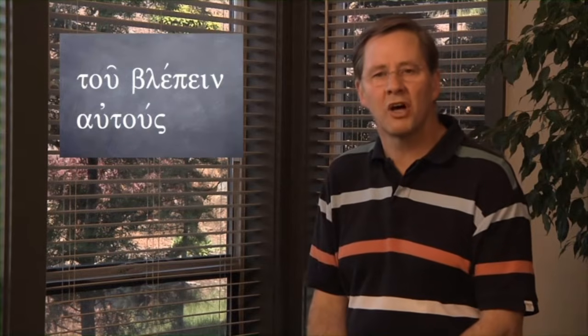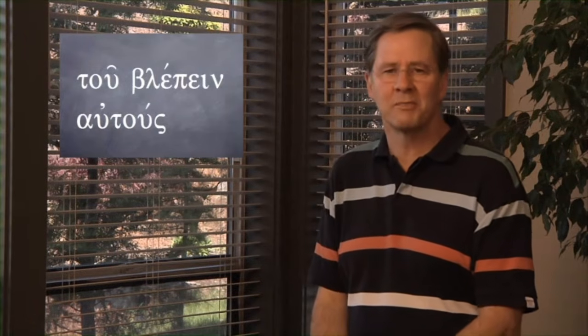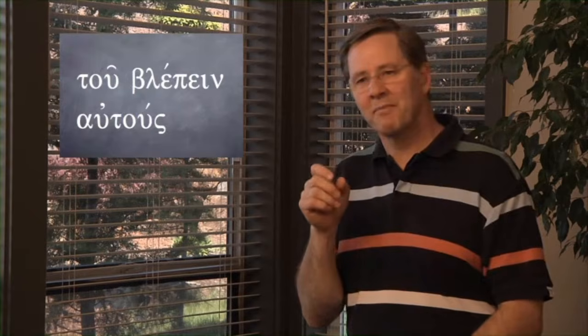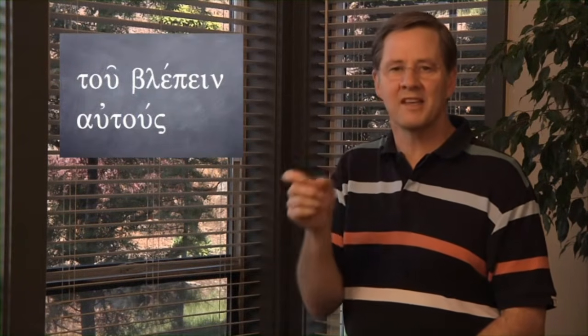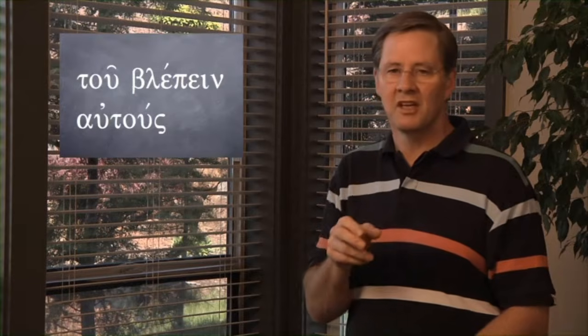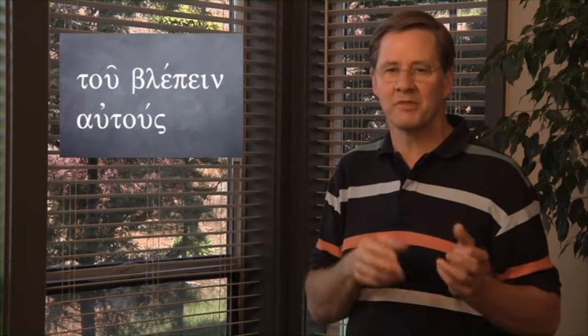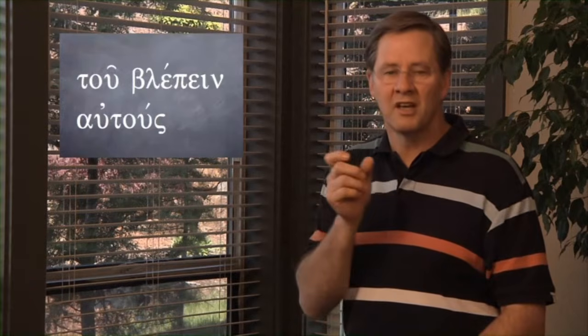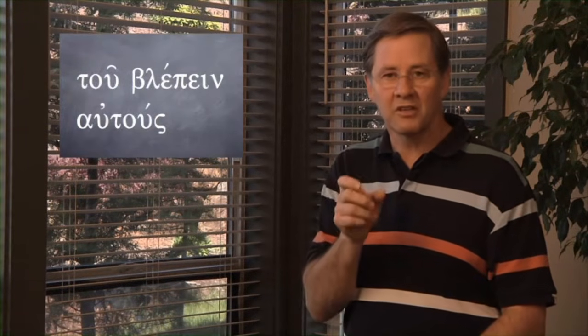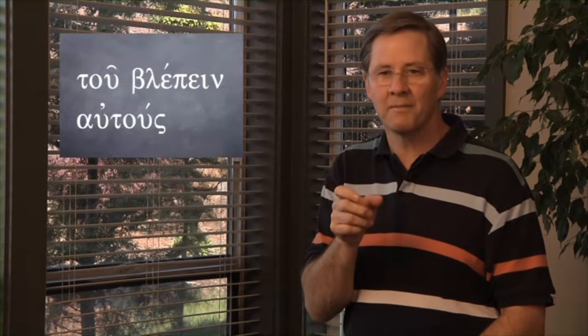In other words, if you saw tou blepein autous, this would mean "in order that they see." Okay, so you don't have to have the preposition in order to get the "in order that" idea. So you have an articular infinitive, but the article is going to be in the genitive, all right?